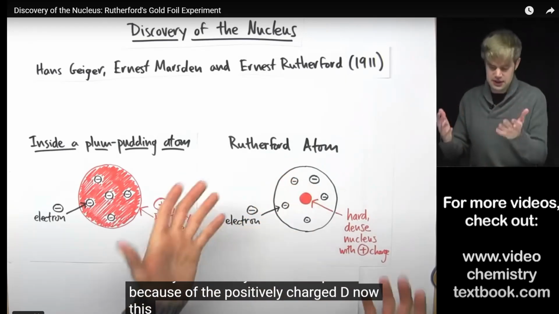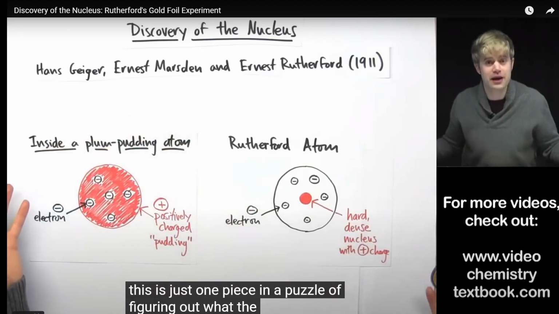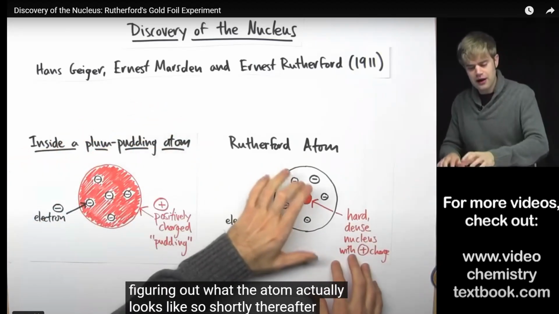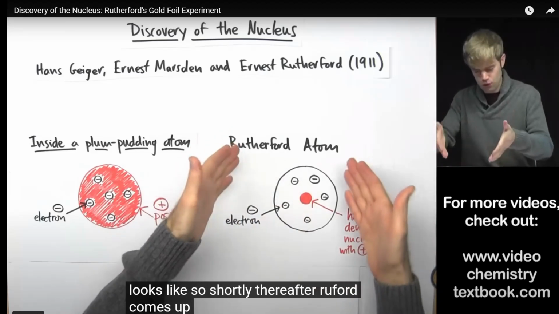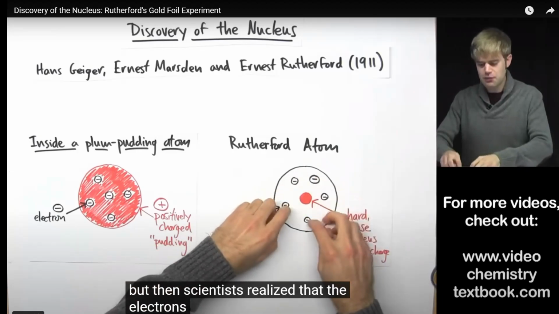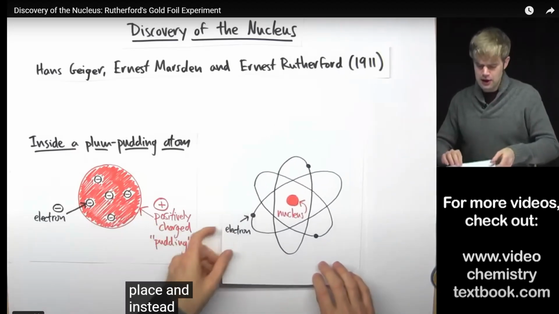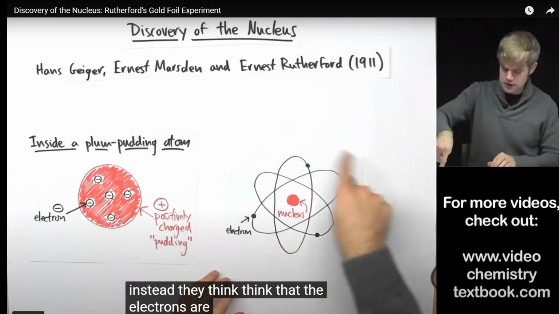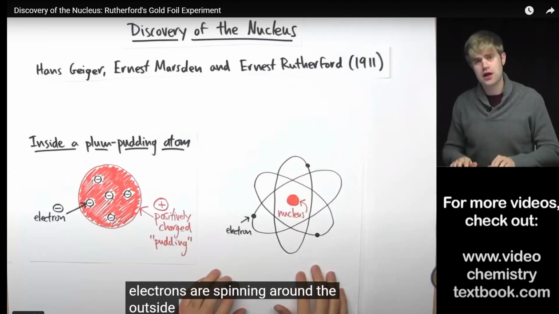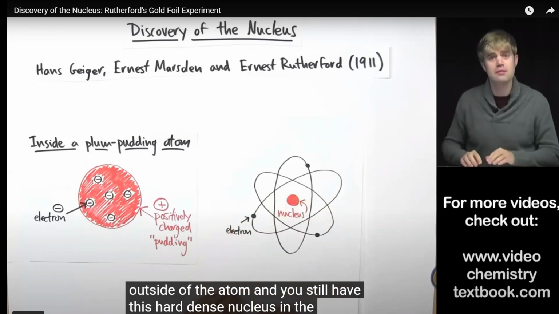Now, this is just one piece in a puzzle of figuring out what the atom actually looks like. So shortly thereafter, Rutherford comes up with this model for the atom, but then scientists realize that the electrons probably aren't just stuck in place, and instead they think that the electrons are spinning around the outside of the atom, and you still have this hard, dense nucleus in the middle.